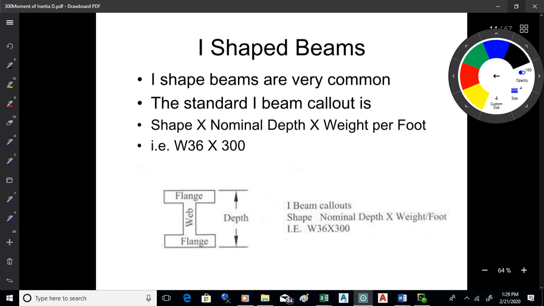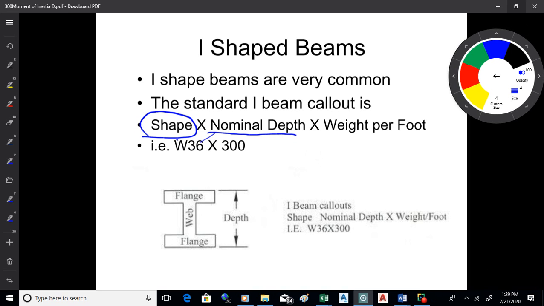Okay, now I-shaped beams are, you know, very common. There's a standard call out for these that you should know. The shape letter comes first. Then what we call the nominal depth. Now the nominal depth means not an exact depth, but a depth that's used as a category, okay? So W would be the shape, that means wide flange. 36 means about 36 inches deep.